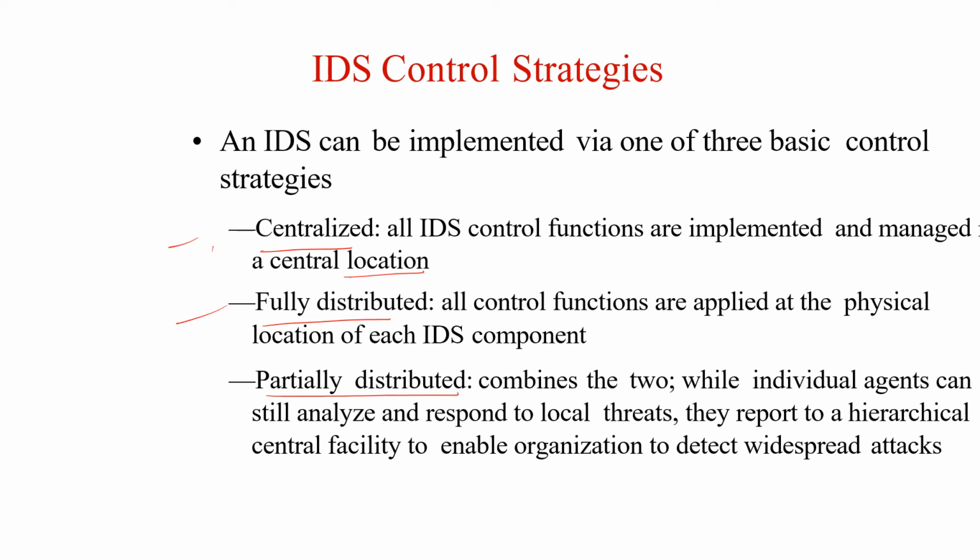In fully distributed, all control functions are applied at the physical location of the IDS components. Partially distributed combines the two, where individual agents can still analyze and respond to local threats. They report to a hierarchical central facility to detect a wide spread of attacks.